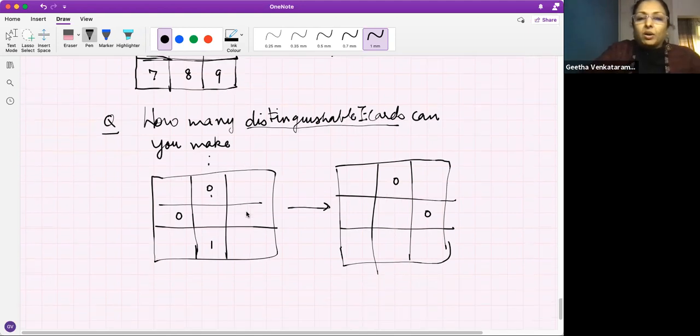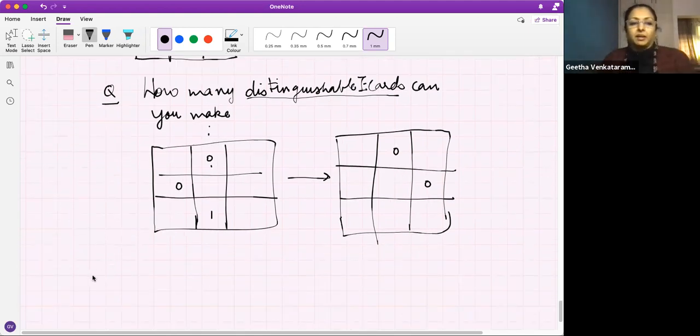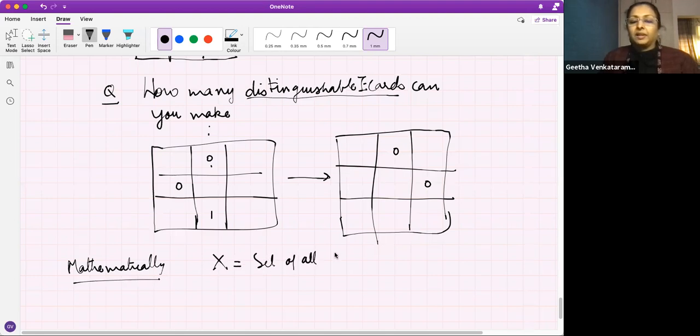So when you're asking this, mathematically, what is happening is I have this set X, which is the set of all plastic I-cards with 2 holes punched.